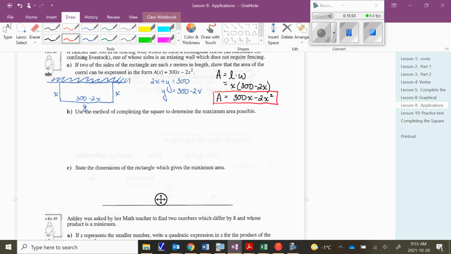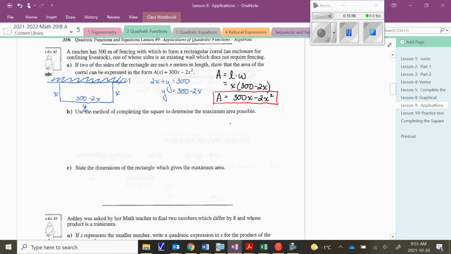So again, this is one of those things where understanding what your graph might look like is going to be helpful for finding our solution. So we know that instead of a y-axis, we have A, or area. Our width is x. And so even before I put this into my calculator, I know that my quadratic is probably going to take a shape something like this.